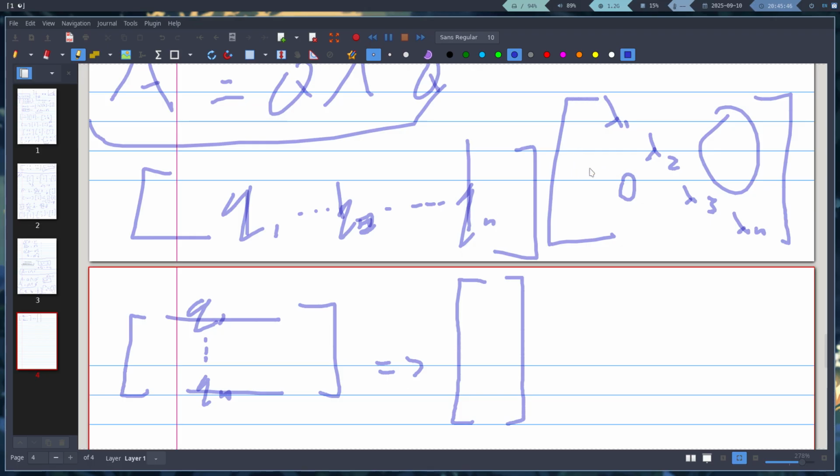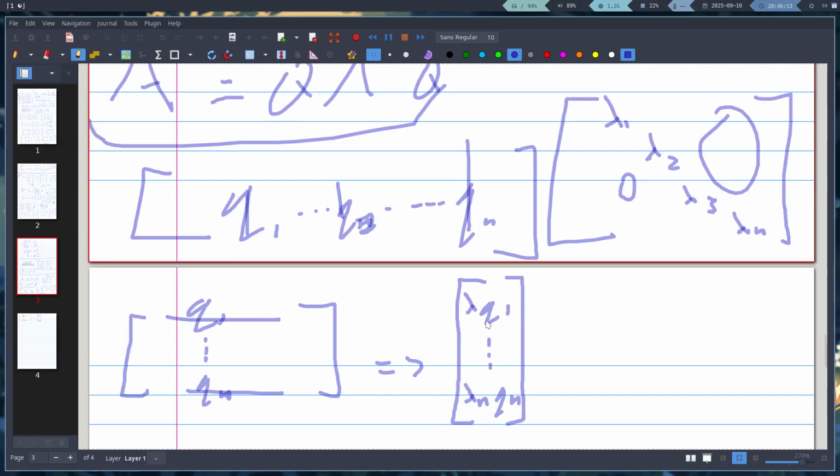We're asking for one linear combination: Q1 times this column, Q2 times this column, Q3 times this column. See what's going on there? So you get lambda 1 Q1, all the way to lambda n Qn. This is matrix times this first vector. We are not looking at all of the columns, just one column, and then it'll generalize to all of the other columns.